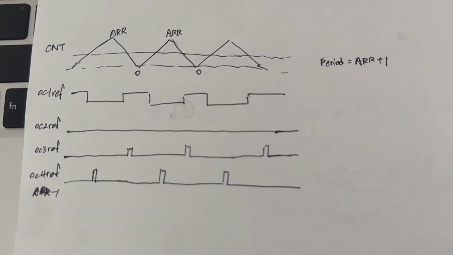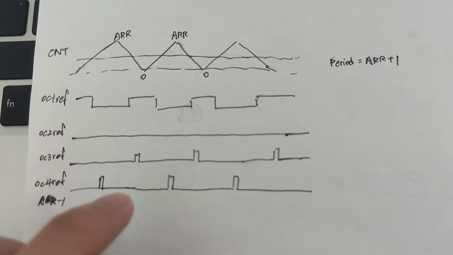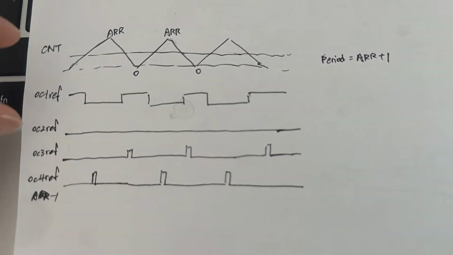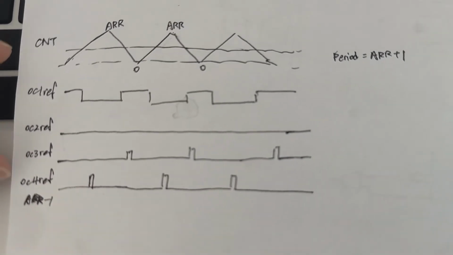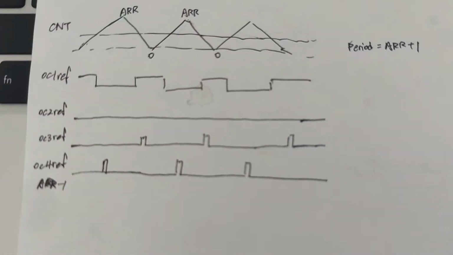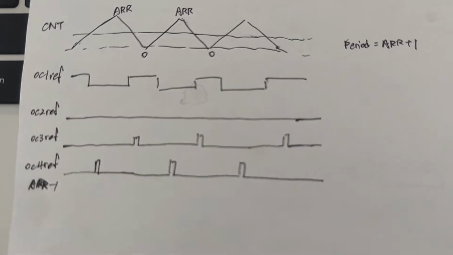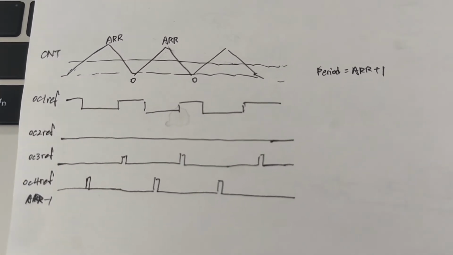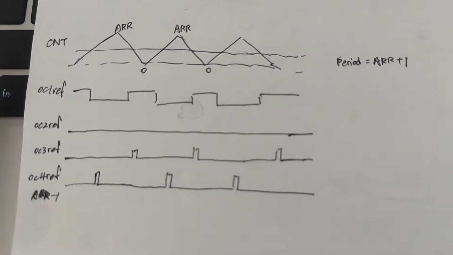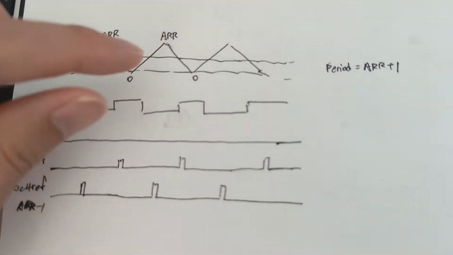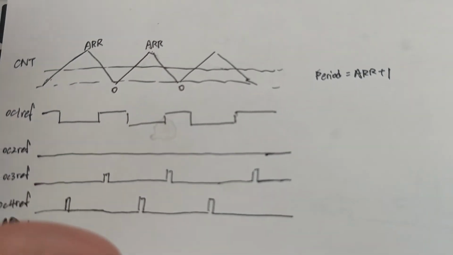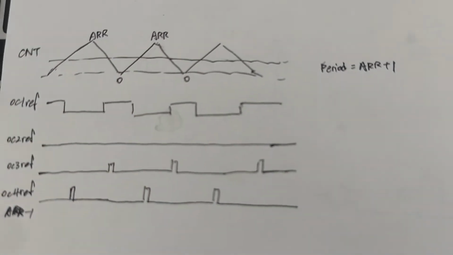The alternative way is to make these 3 be PWM mode 2, basically inverting the phase. But then when we are writing PWM output, 0 means the maximum output and the ARR value means the minimum output.